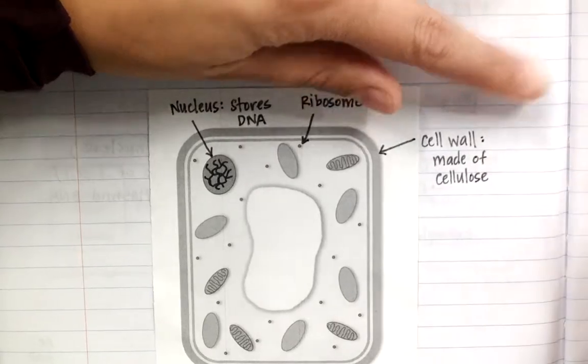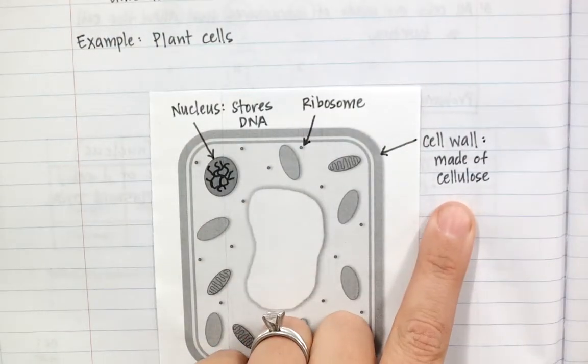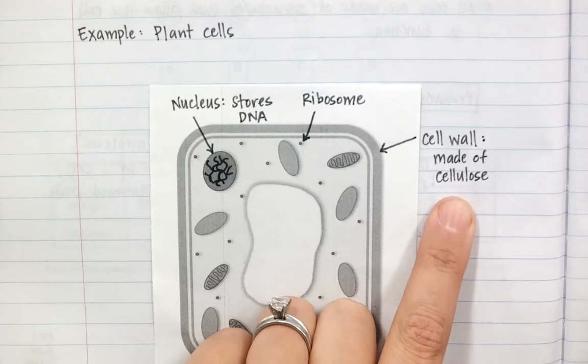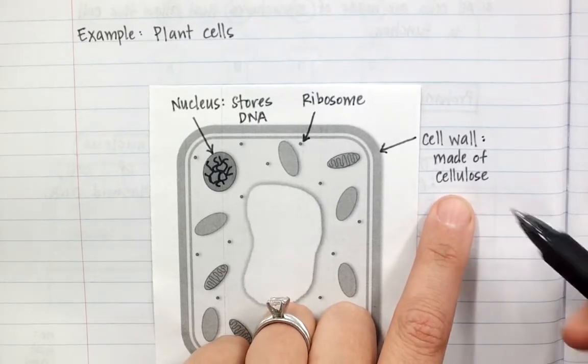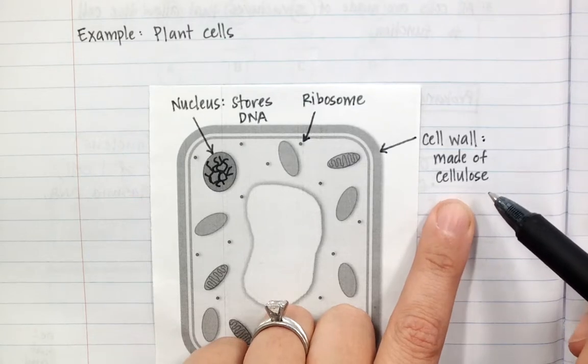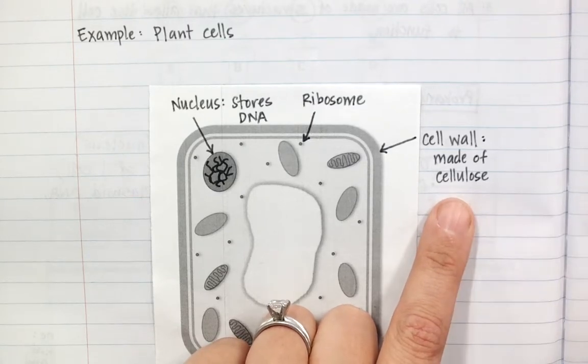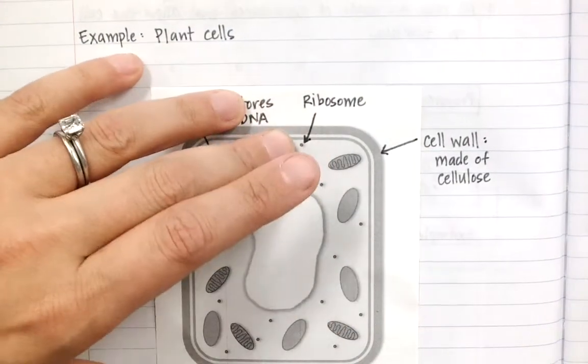And cellulose is a biomolecule that is a carbohydrate. It's a whole bunch of glucose molecules stuck together in long lines, and it's the cellulose that makes celery crunchy, or really makes any plant cell crunchy.